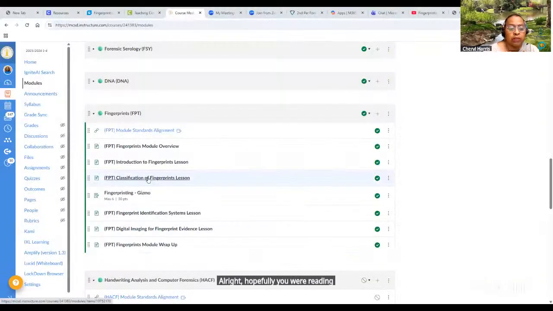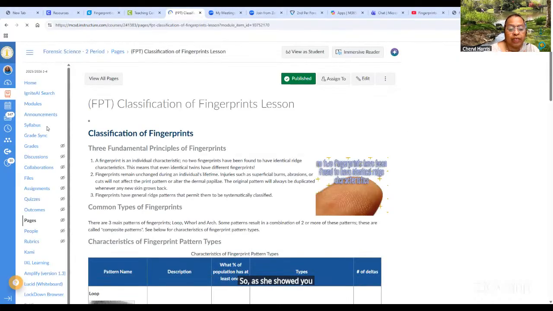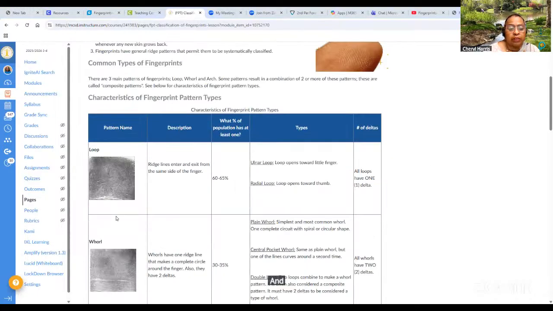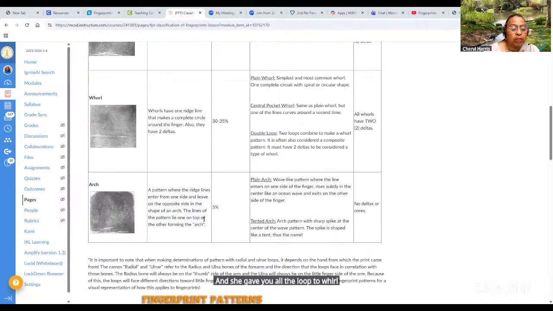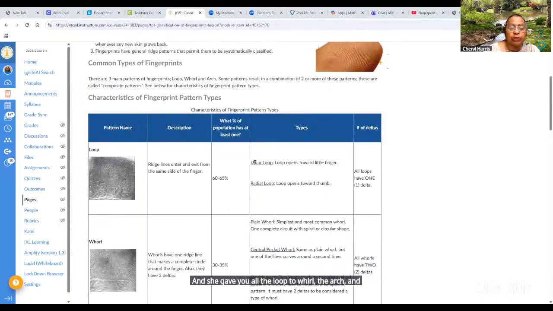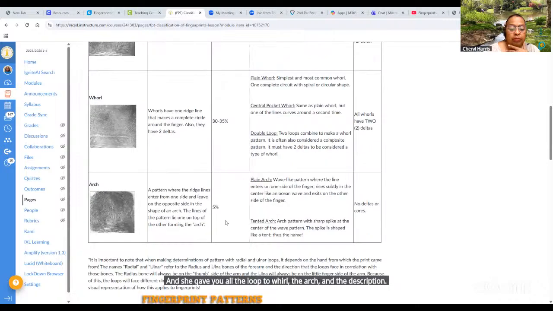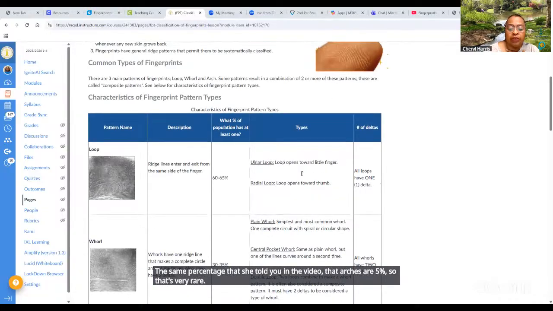All right, hopefully you were reading as instructed. So as she showed you in the video, there is a classification system for fingerprints. She gave you the loop, the whorl, the arch, and the description, the same percentages that she told you in the video, that arches are 5%, so that's very rare. And then the different types.